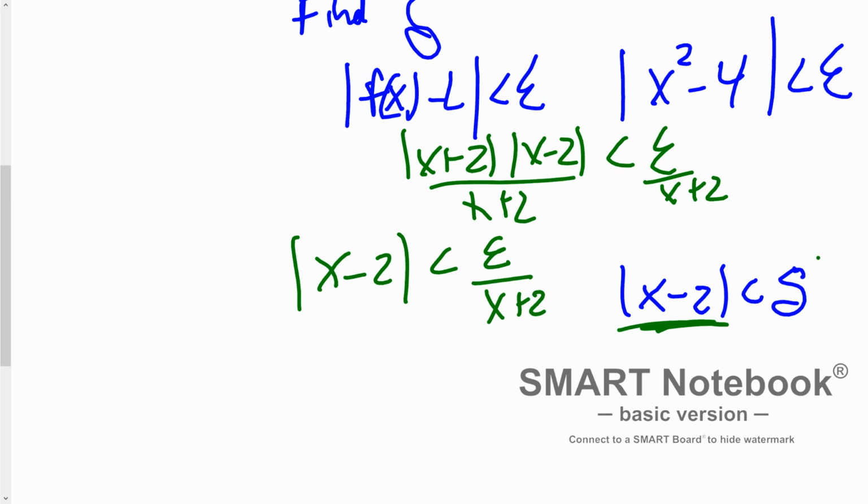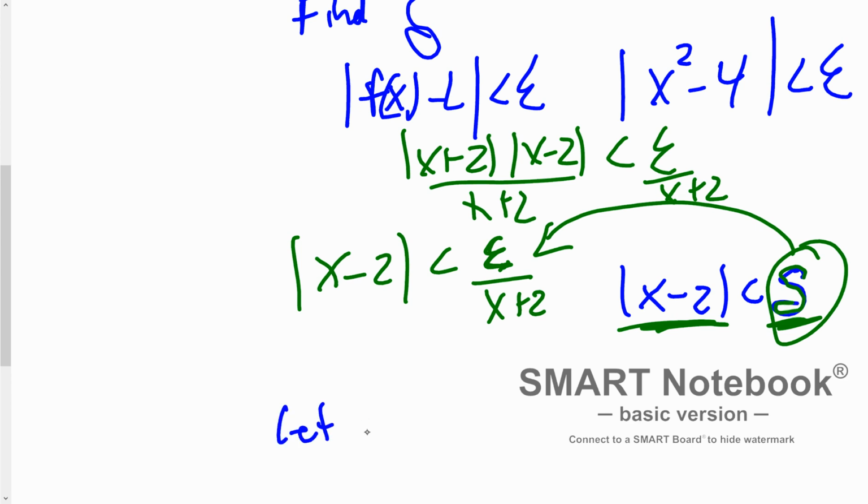Okay, so now I actually have my delta, right? Because delta goes right here after the x minus 2 is less than delta. So I keep probably interchanging delta and epsilon, but this is delta, this is epsilon. Epsilon, think E, it looks like an E. Okay, all right, so now I have my delta, so now I can write my proof.